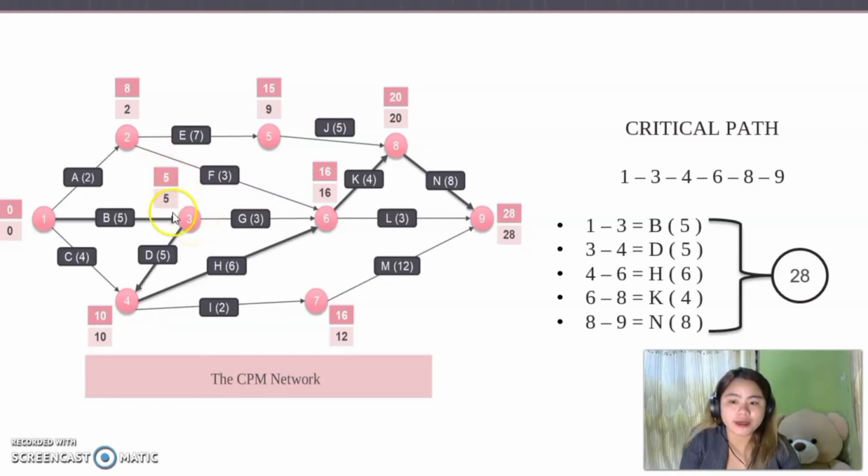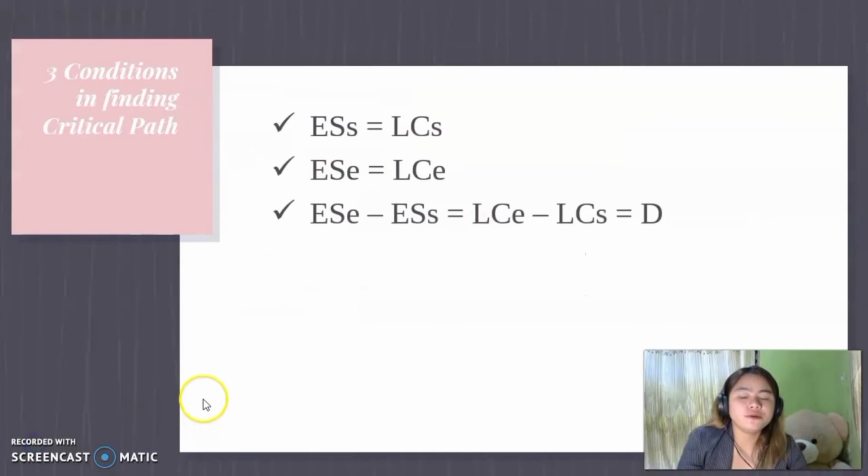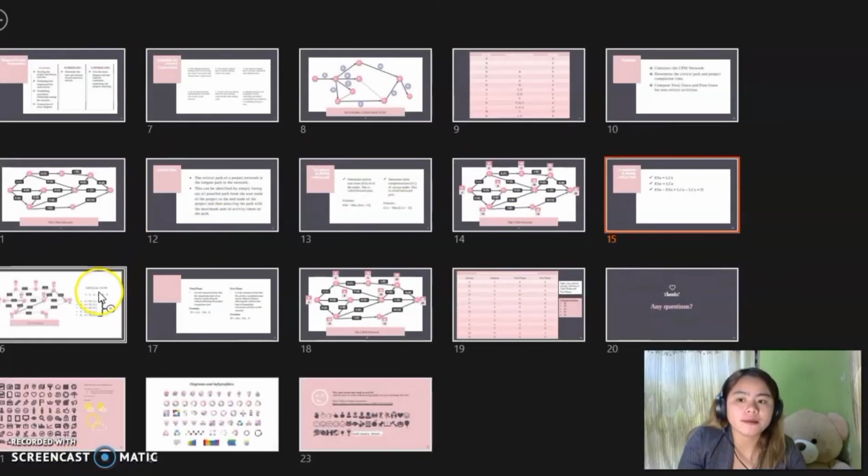As you can see, they are equal. So therefore, the first two conditions are satisfied. Now move to our third condition: the earliest start time of the ending activity minus the earliest start time of the starting activity is equal to the duration, and at the same time, the latest completion of the ending activity minus the latest completion of the starting activity is equal to the duration. Now let's see if our third condition is met.